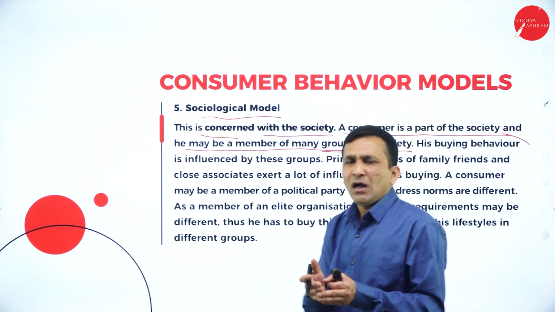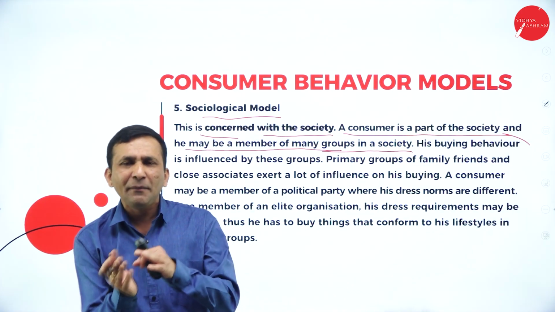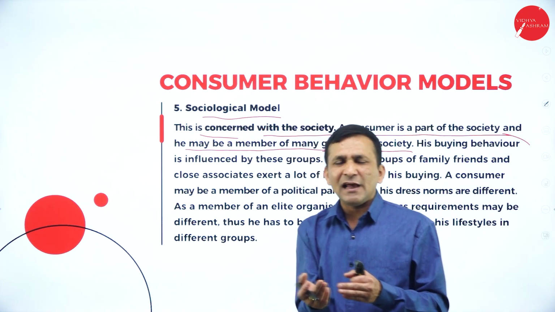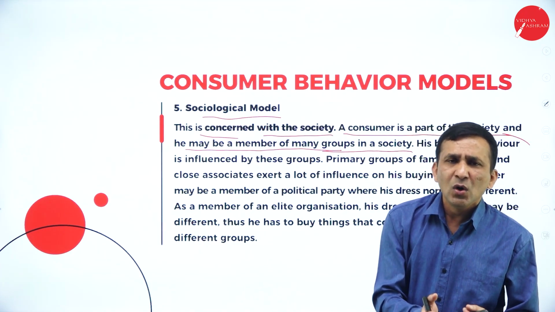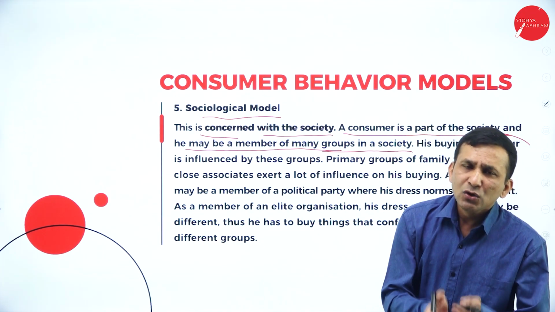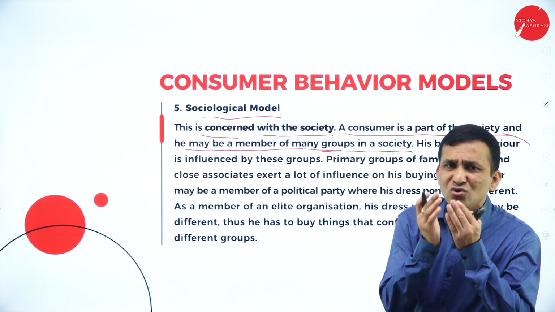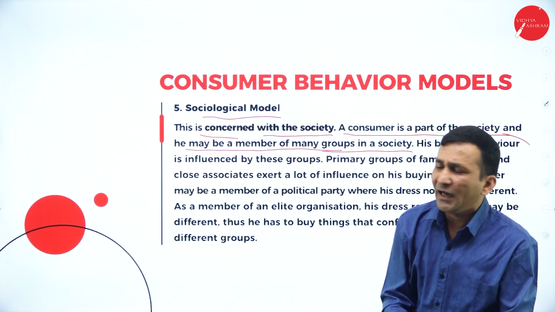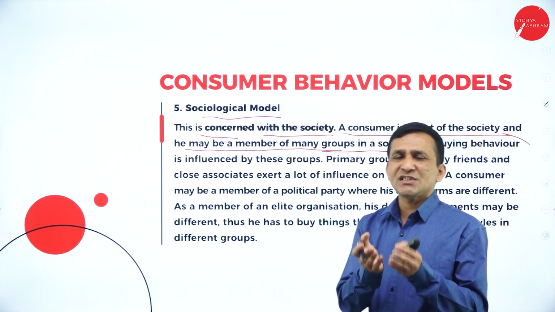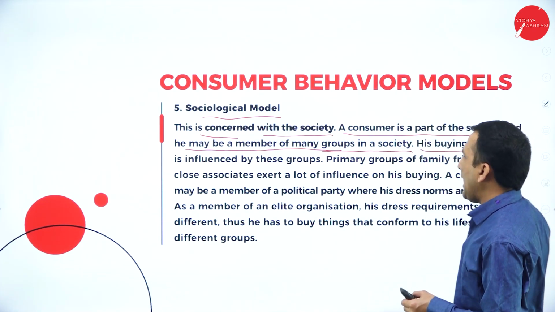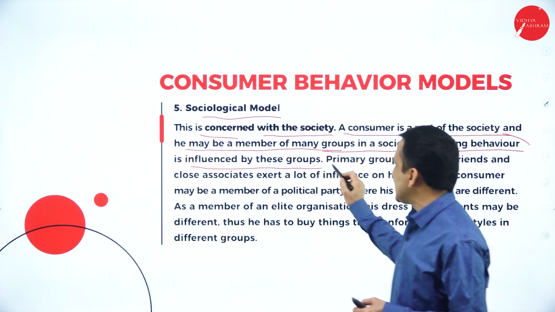He may be dependent or independent, and the dependent always expect from the independent. Those who are earning, those who are not earning, those who are independent, those who are dependent: as a company they want to study this. Of course his buying behavior is influenced by this group.